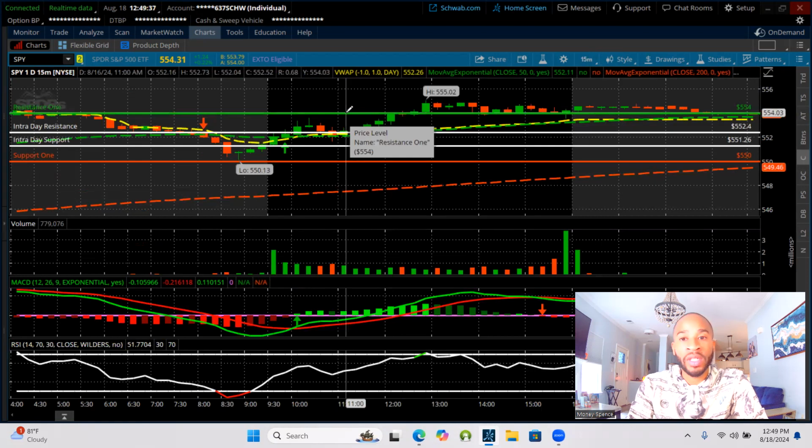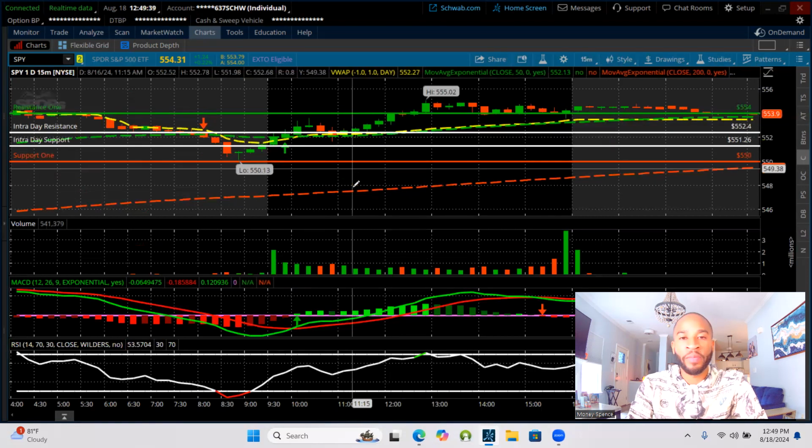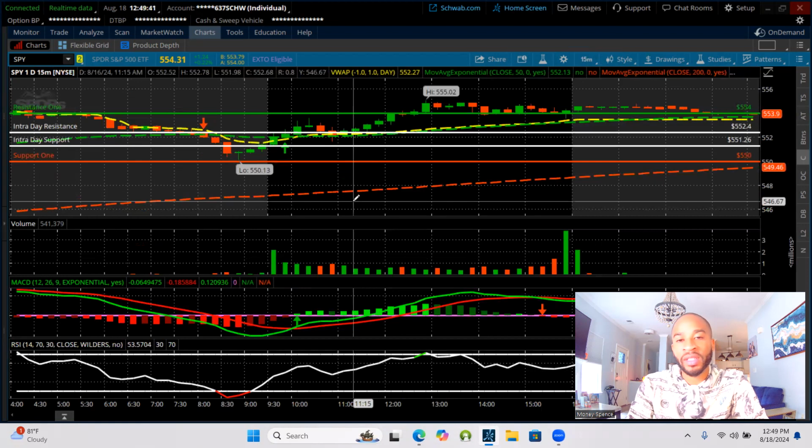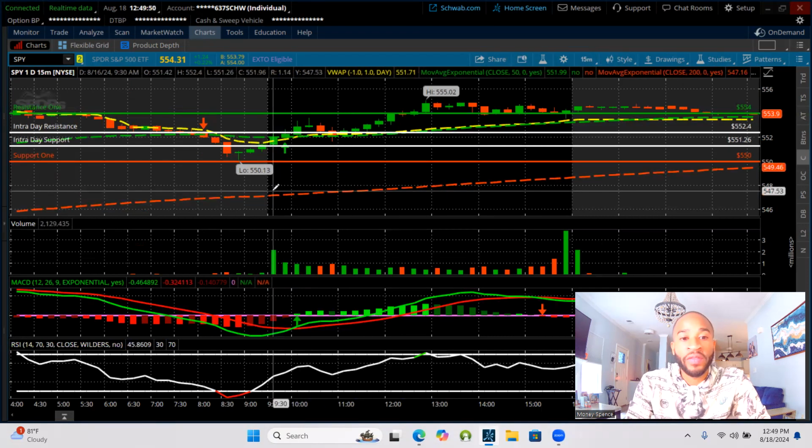Now, when the market opens up, you want to at least try to wait the first 15 or 30 minutes of the trading day to see what your intraday support and resistance levels are. So on the open for the first 15 minutes of the trading day, we had intraday support at $551.26, and we had intraday resistance at $552.40.